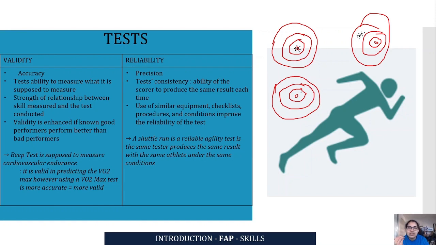And you wouldn't see a valid not reliable, because for example, it would hit in the middle here. That tells us it's reliable. But for example, if it's all over the place, this test is not valid and honestly wouldn't be reliable either, because it's not hitting the center all the time.